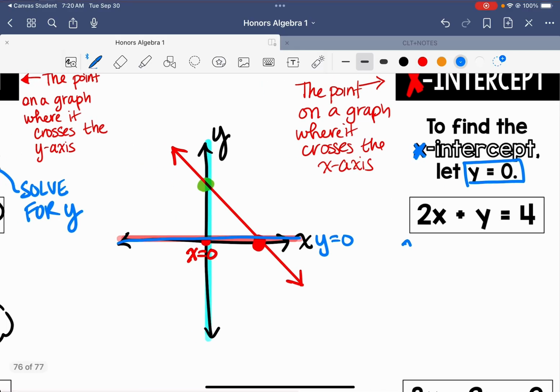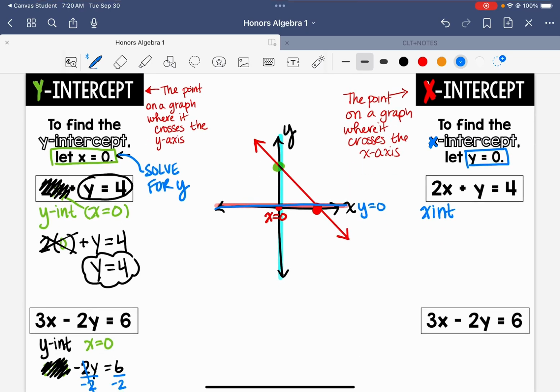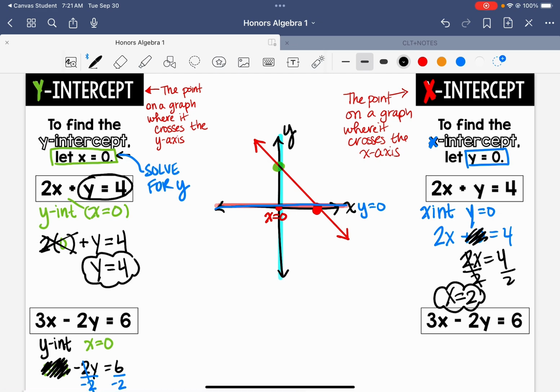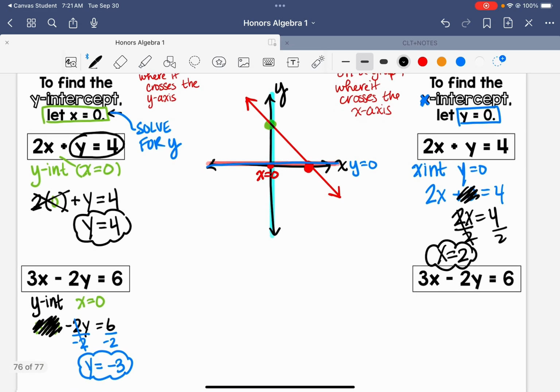So if I'm going to find the x-intercept for the same graph that we had over here, which is hard to see because I covered it up, but it's the same equation. The x-intercept is when y equals 0, so we've got 2x plus 0 equals 4. You cover that up, and we end up with 2x equals 4. When you divide by 2 on both sides, the x-intercept is 2. Same idea for the other one.